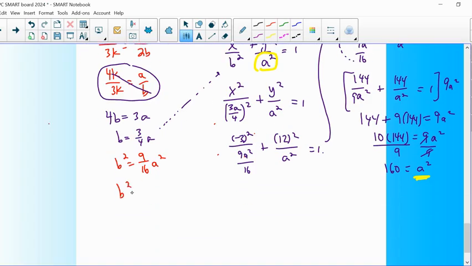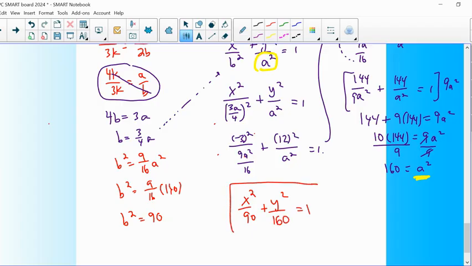So b squared is equal to 9/16 of 160, and 16 goes into 160 10 times, so we can say b squared is equal to 90. Okay, so then our final answer is x squared over 90 plus y squared over 160 is equal to 1.